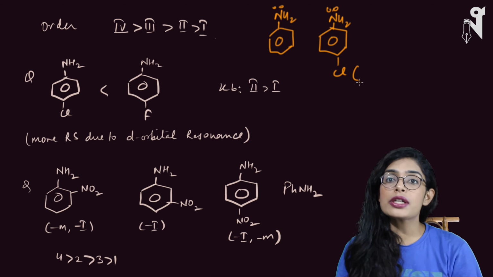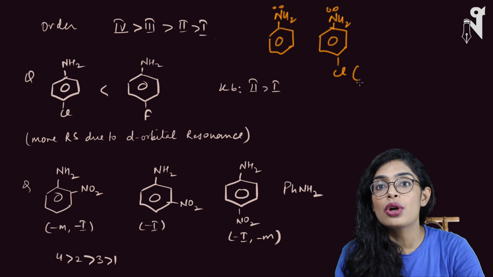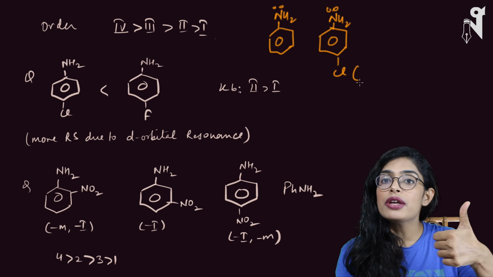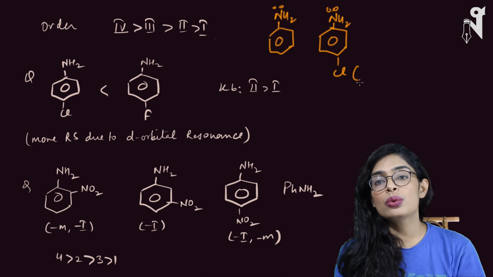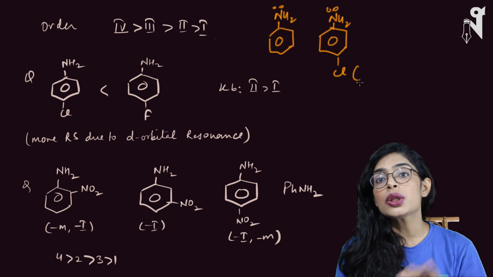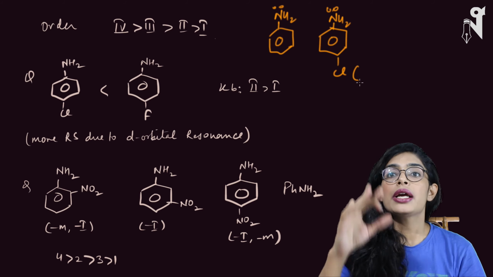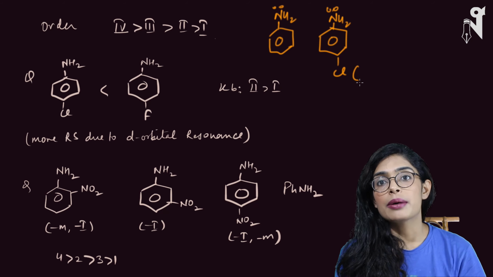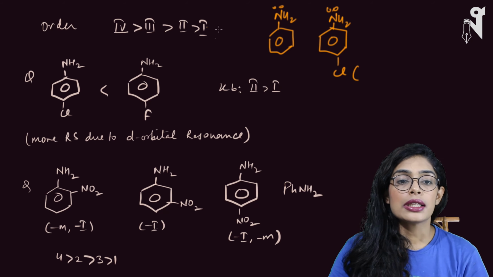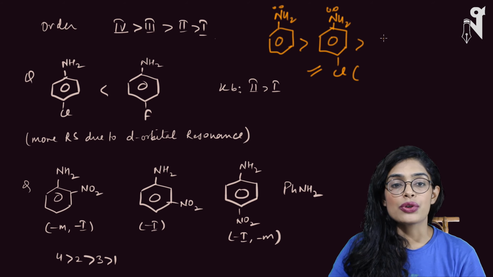So that donating effect is not prominent, we understand that, but it is definitely decreasing the electron withdrawing capacity because one effect is opposite of another. So chlorine is withdrawing through inductive effect and donating through mesomeric effect, so they are nullifying each other a bit. So that's why inductive effect is getting neutralized a lot by mesomeric effect, and hence this will be next basic.